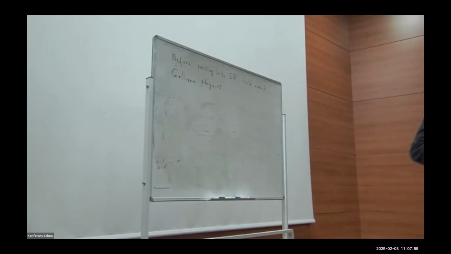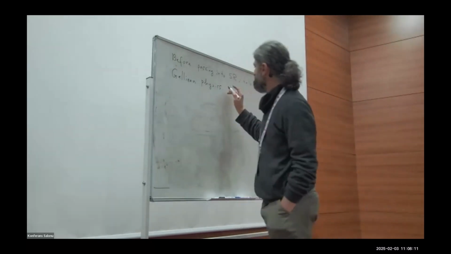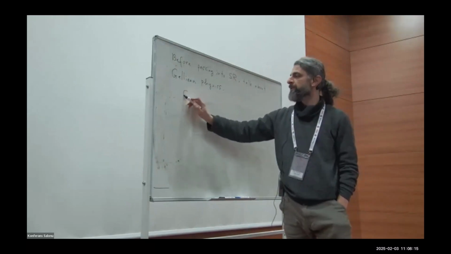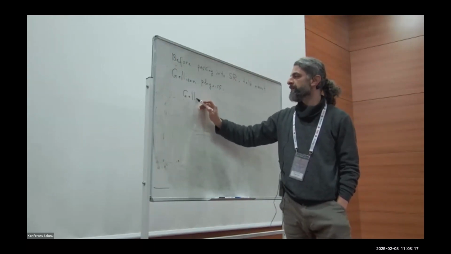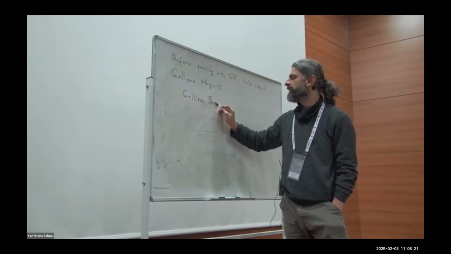So I will use the theory of fiber bundles for constructing an event manifold for classical mechanics in the non-relativistic sense. I mean, I will only use the Galilean covariance. So here I will construct the Galilean bundle.